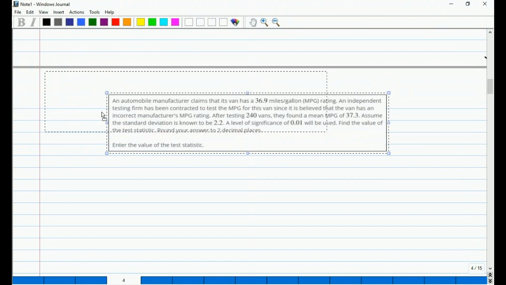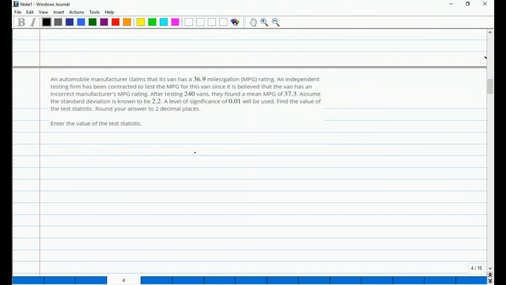All right, this says the manufacturer claims the van has a 36.9 miles per gallon rating. So that's an average. So what are we trying to figure out? It says some testing firm has been contracted to test the MPG for the van since it's believed the van has an incorrect manufacturer's MPG.